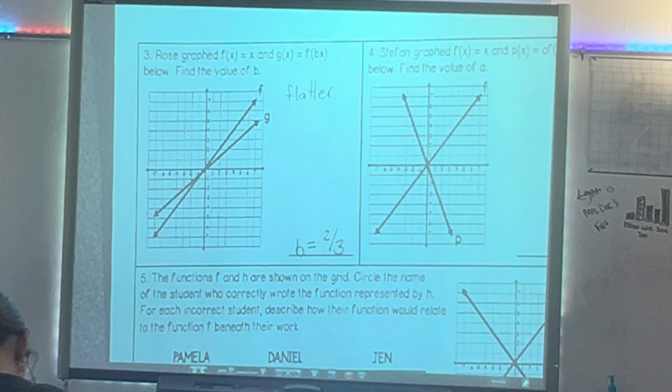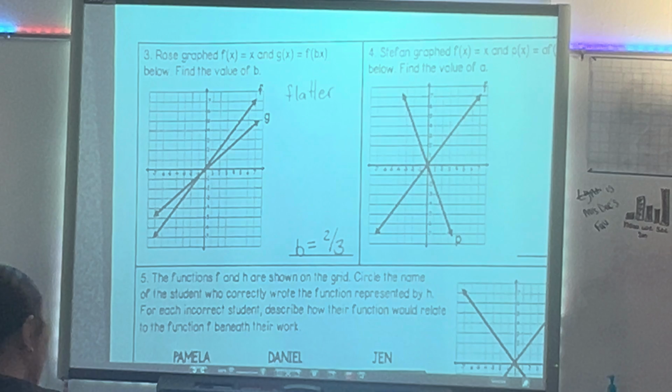Okay. So if b is 2/3 and I know it got flatter, then I could write this as a vertical shrink, or I could write it as a horizontal stretch. Is everybody okay that I could write it as either one?